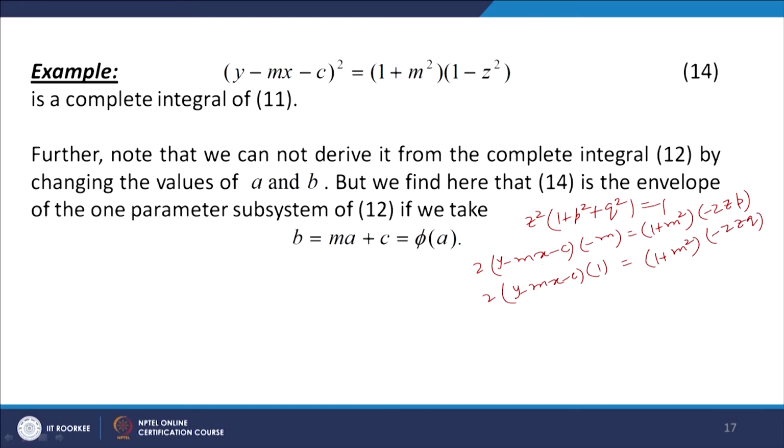We can cancel minus 2 on both sides. So, y minus mx minus c times m is equal to 1 plus m square into zp, and y minus mx minus c is equal to 1 plus m square into zq.